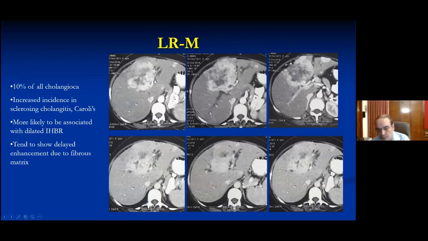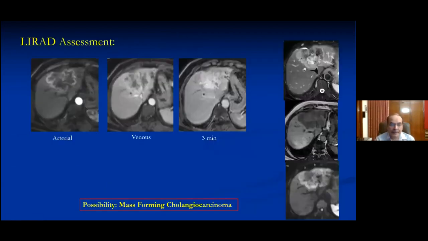Because of a fibrous stroma that these tumors have, they show delayed enhancement, right? So if you have a lesion which shows more of rim or peripheral enhancement, is associated with dilated biliary radicals, may be associated with some capsular retraction, and shows delayed enhancement, think of the entity of mass-forming cholangiocarcinoma.